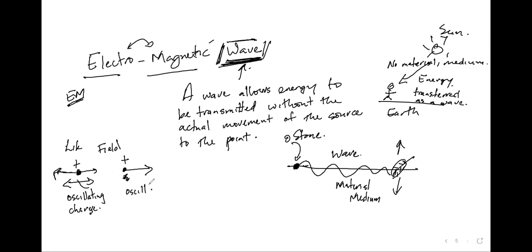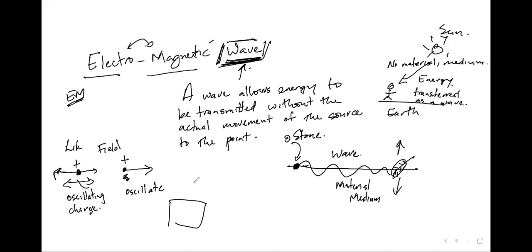So we say this causes the other charge to oscillate as well. Now, a moving charge is called a current. A charge that is in motion is called a current. So if we have a set of charges moving in one direction and then in the next direction, any other particle that has charges is also going to be affected.